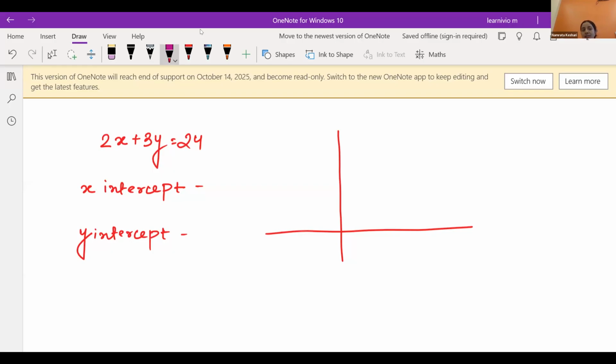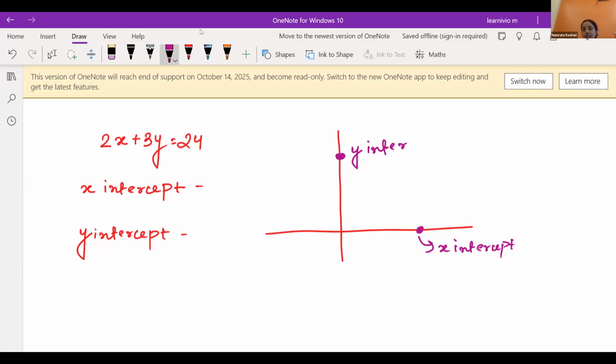While talking about x-intercept, we are thinking about where exactly the graph is touching the x-axis. Where exactly the graph is touching the x-axis, that's called x-intercept. And y-intercept means where exactly the graph is intersecting or touching the y-axis, that's called y-intercept.